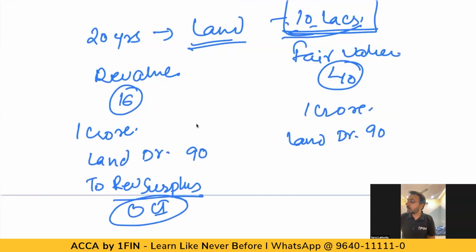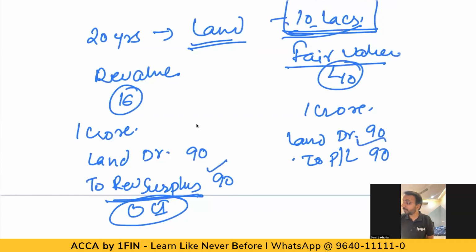Revaluation surplus 90. So on one side, asset increases by 90 lakhs, reserves also increase by 90 lakhs. That is for PPE. For fair value model, what it says is you debit land and whatever is the gain, you take it to P&L, 90 lakhs. So that is the difference. 90 lakhs to revaluation surplus, 90 lakhs to P&L.